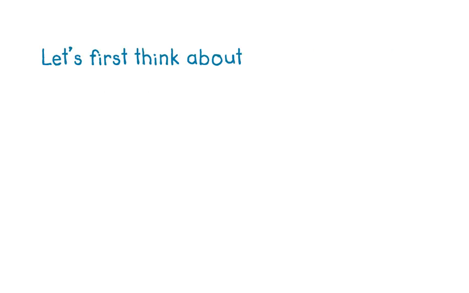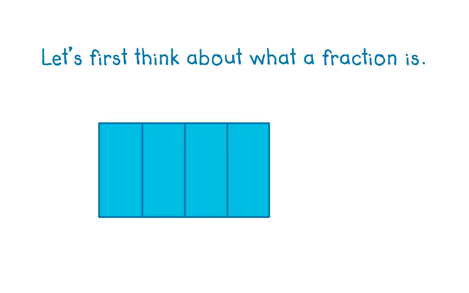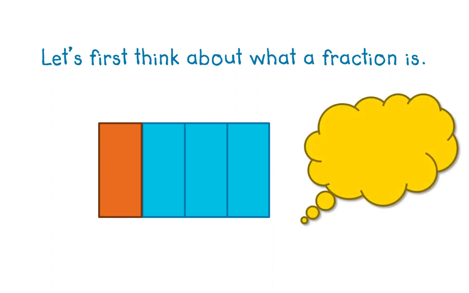Now, let's first think about what a fraction is. I have this rectangle. It is divided into 4 parts, and these parts are all equal. I need you to look at this orange part.